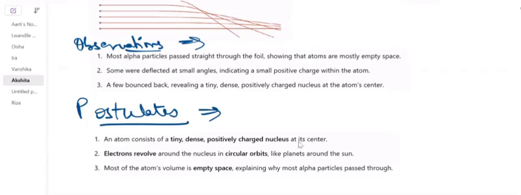Atom consists of a tiny, dense, positively charged nucleus at its center. Electrons revolve around the nucleus in orbits like planets. Most of the atom's volume is empty space. Okay?